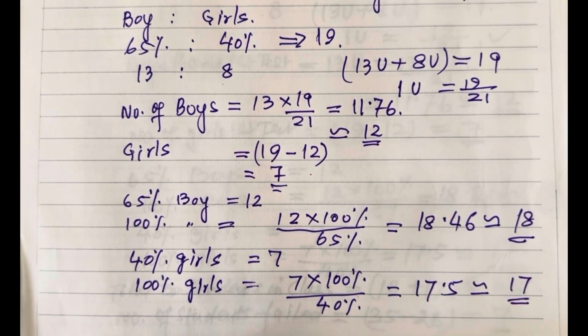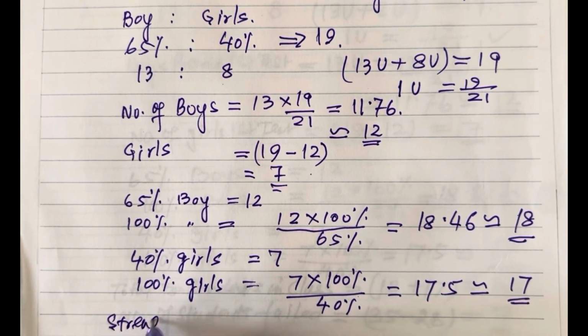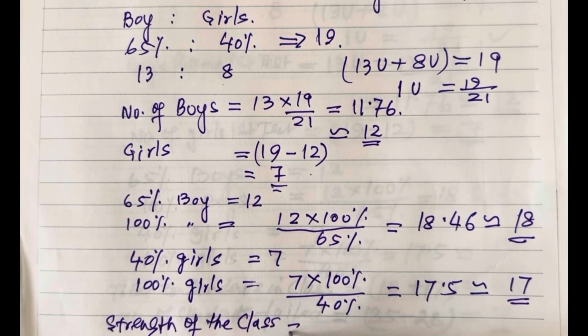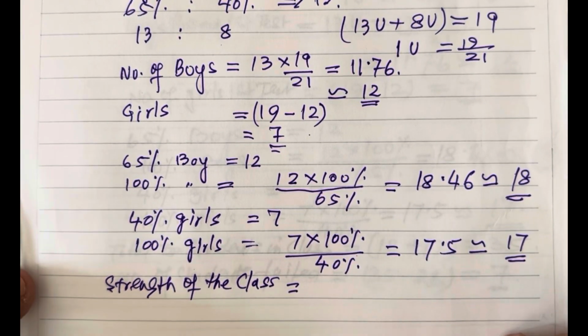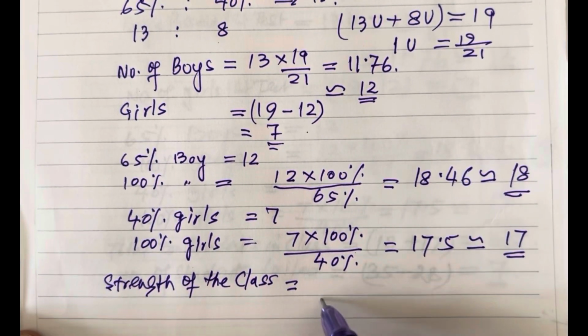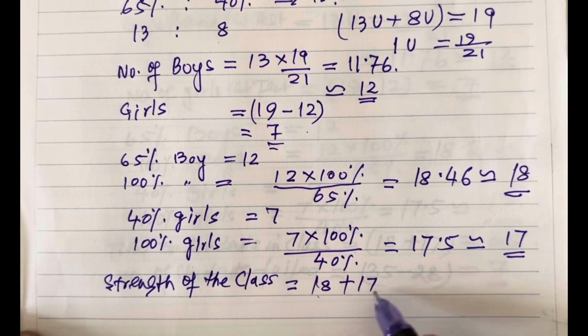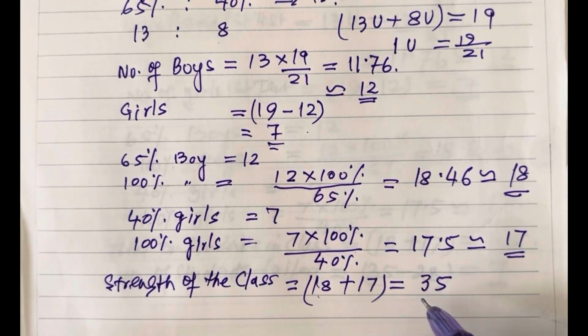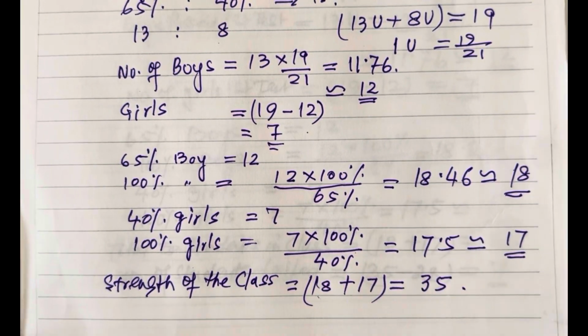So the strength of the class, the third step, becomes how much? 18 boys plus 17 girls. So it becomes a total of 35. So there are 35 students in the class.